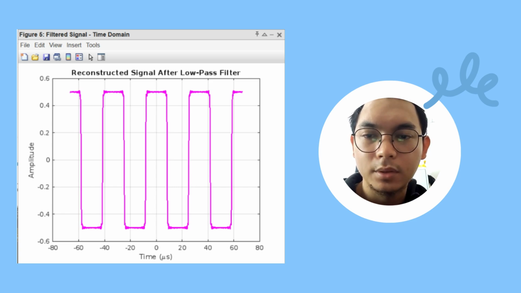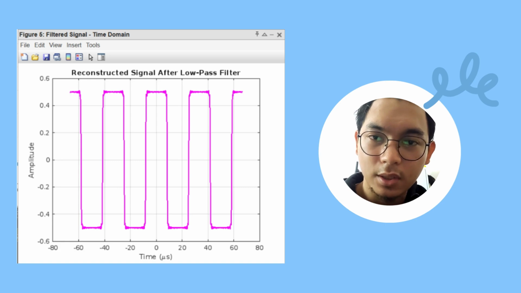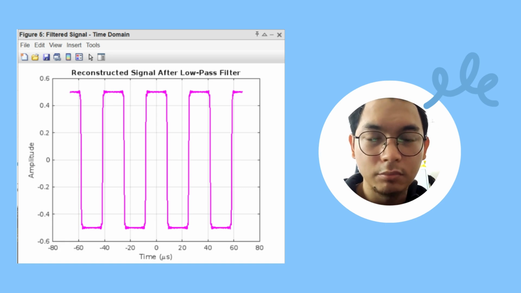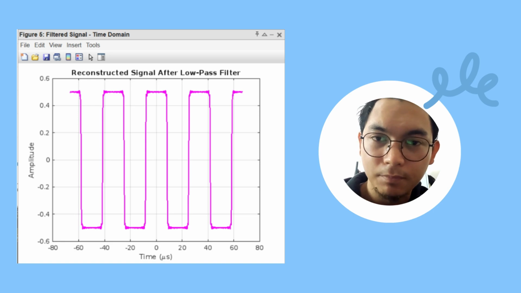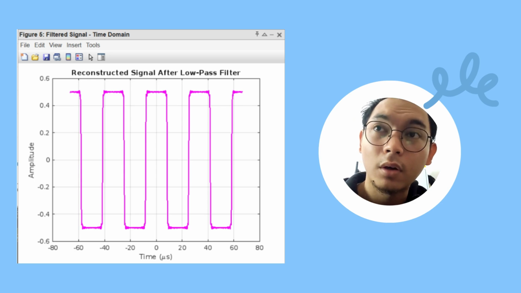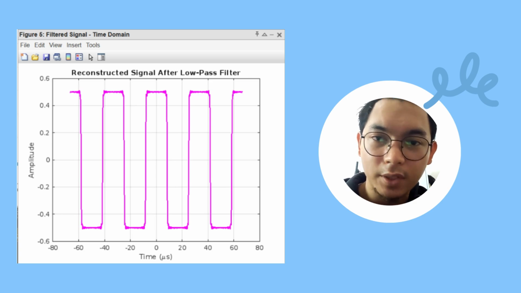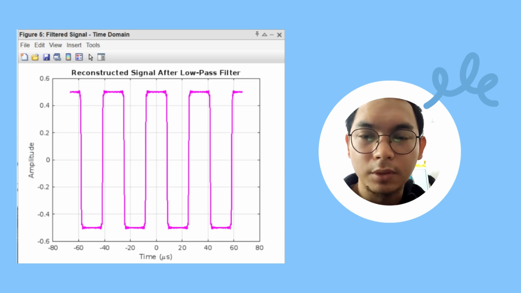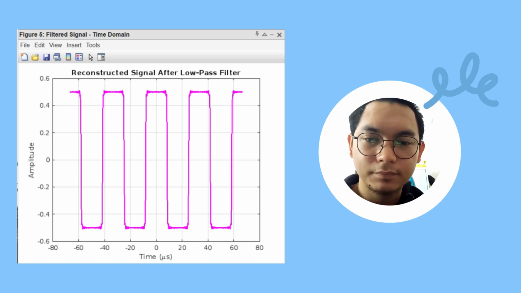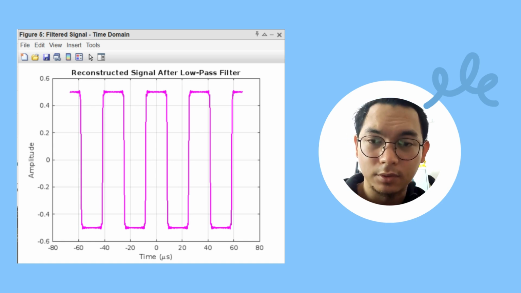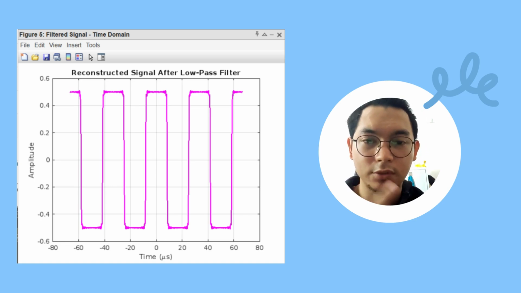This clearly demonstrates an important concept in signals and systems: how modifying the frequency components of a signal affects its time domain representation. And that's all from us for the results and analysis, and it will be continued for the last part.